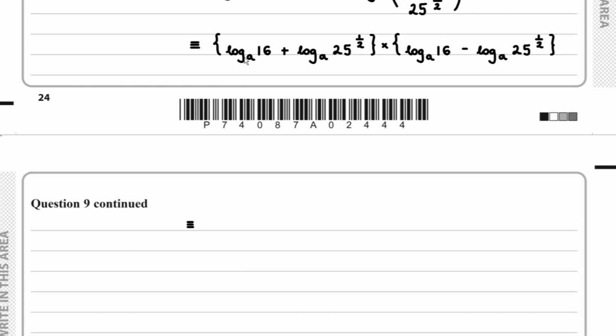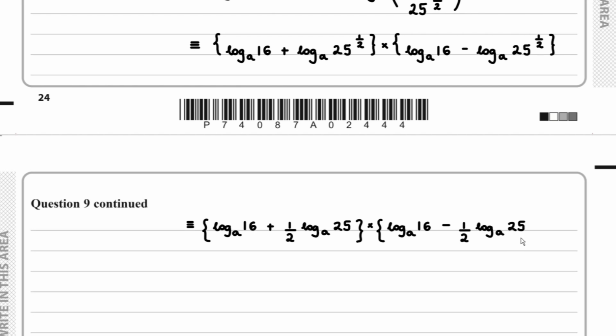So log base a of 16 remains as it is, and here we can use the power law of logs, so we have 1/2 multiplied by log base a of 25, and we multiply this by, well, log base a of 16 remains as it is, and we subtract from this using the power law of logs 1/2 multiplied by log base a of 25.